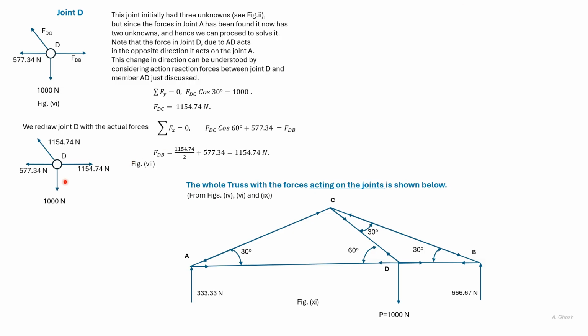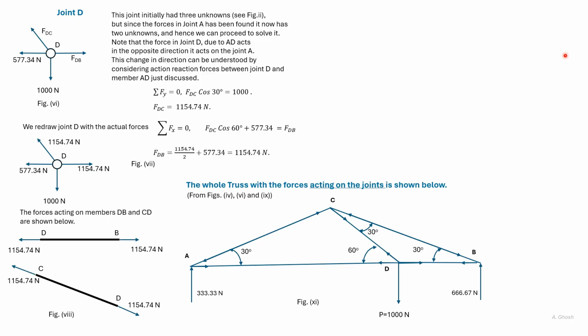We see that both forces are acting outwards from the joint D. That is the forces we just now found. That means that the bars DB and CD would both be in tension.